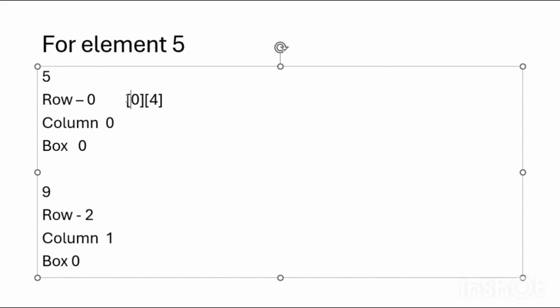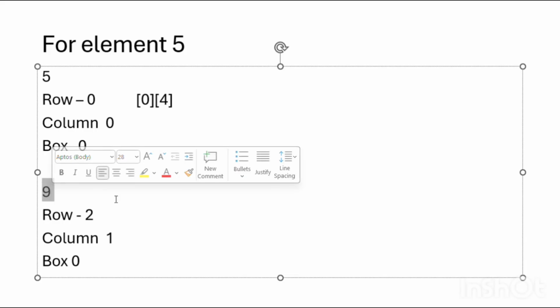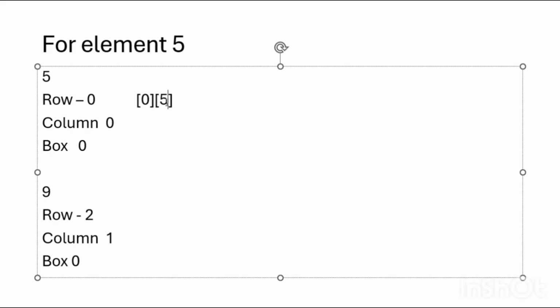Why are we making it -1? Because the indexes are only from 0 to 8. If 9 is there and we do it directly, 0 comma 5 for row, then for the ninth element, row is 2, so we will be storing in 2 and the value will be 9.